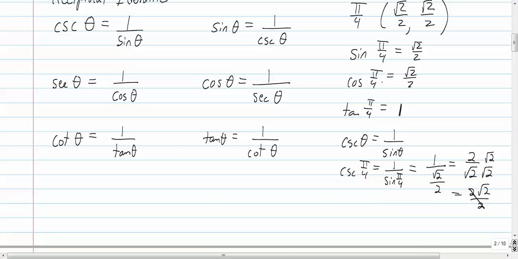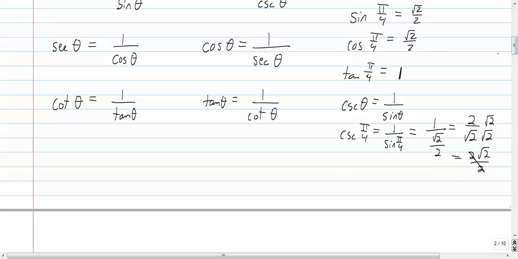And so the secant of pi over 4 is the reciprocal of what you get when you work out the cosine. If you take that reciprocal and rationalize, you'll get the same answer, square root of 2. And the cotangent of pi over 4 is the reciprocal of what we get when we work out the tangent. So what is that? 1.